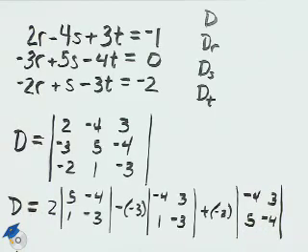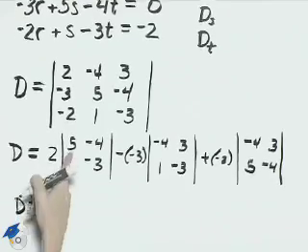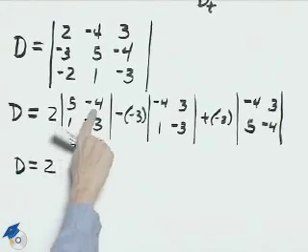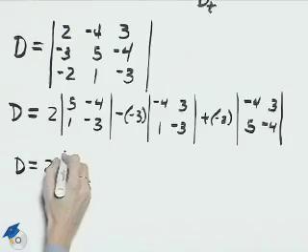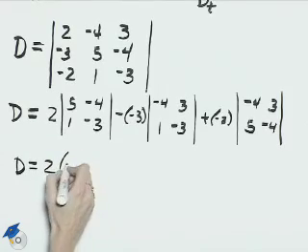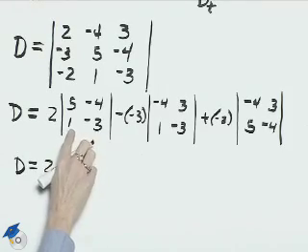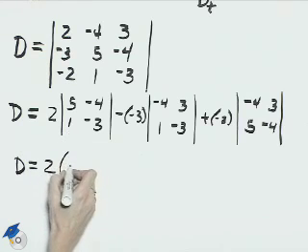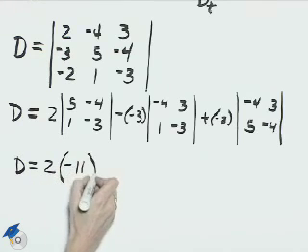Next, we'll multiply 2 times 5 times -3 minus 1 times -4. So we'll take -15 and subtract -4. -15 plus 4, that's -11.